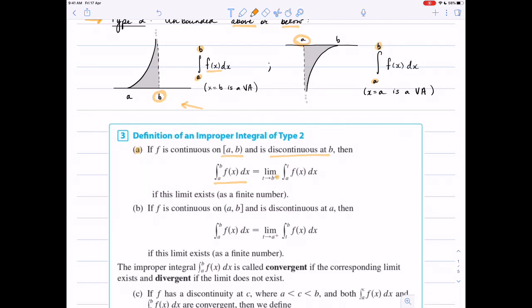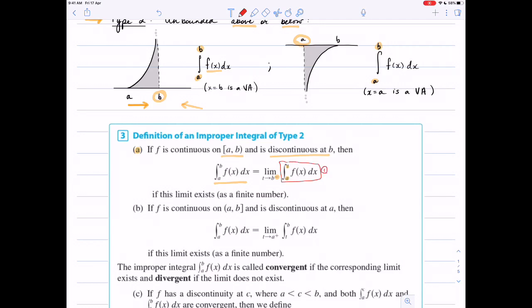From the left, because if this region has a discontinuity at B, and we're going from A to B, we are approaching B from the left, of the integral from A to t of f of x dx.